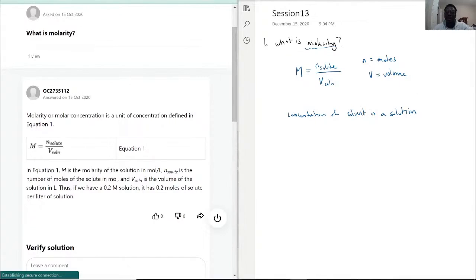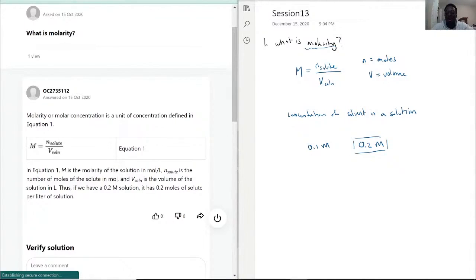Something with low concentration would have lower amounts of moles of that molecule. So if we had something that had 0.1 moles versus 0.2, we would say that this is a more concentrated one.